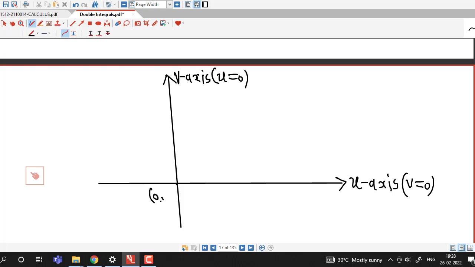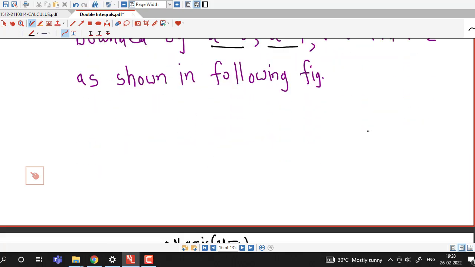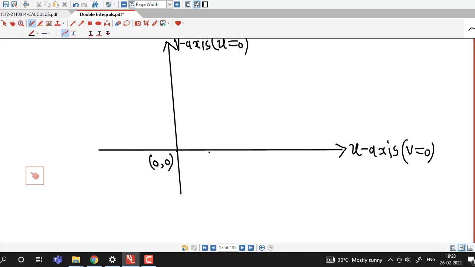This point is origin, u equal to 0, v equal to 0. Now maximum scale on u axis required is 1, maximum scale on v axis required is 2. So suppose this distance is 1, so this point is going to be u equal to 1, v equal to 0. This is suppose 1, so here we have u equal to 0, v equal to 1. This is u equal to 0, v equal to 2.